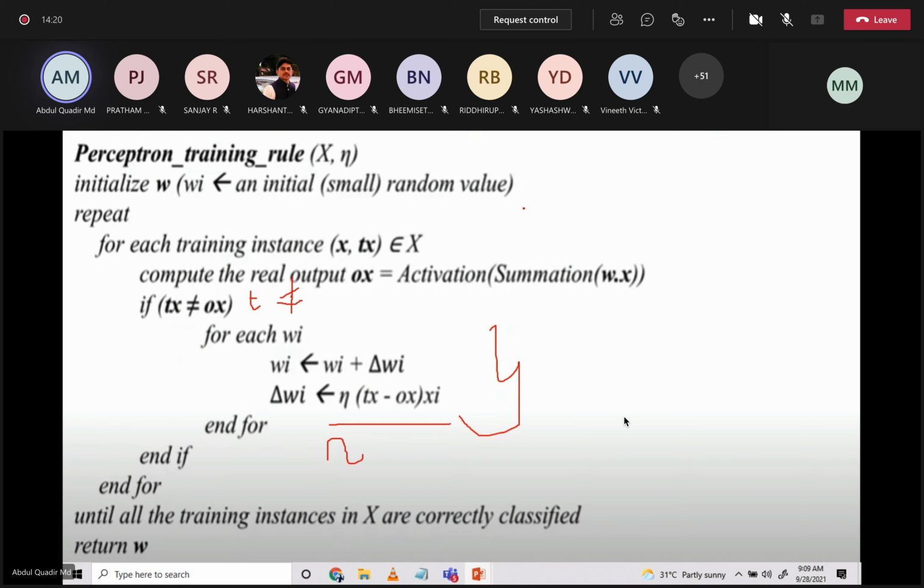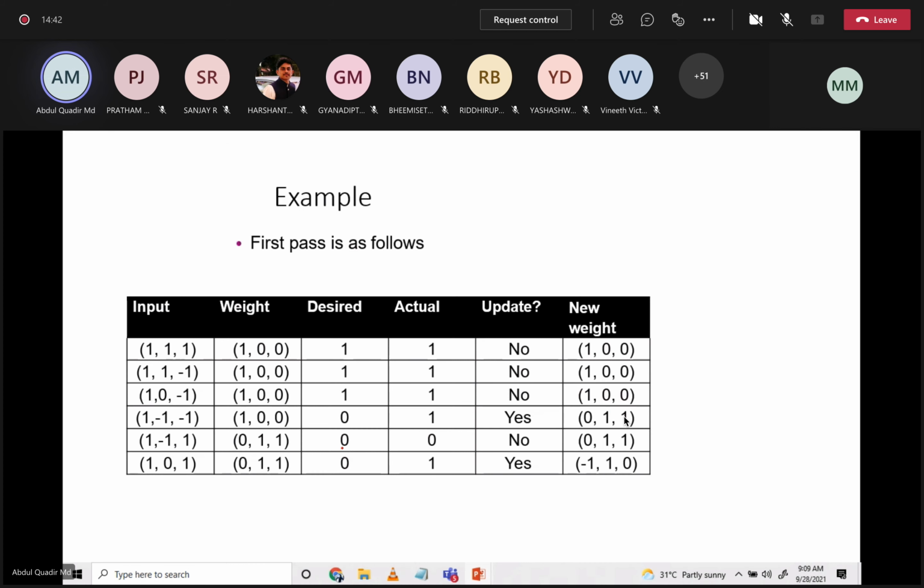T is the target, which means the actual, already there in our data set. So if our actual does not match the predicted output, then we will use this formula for updating. We will see it while working it out, and you will be able to get it.